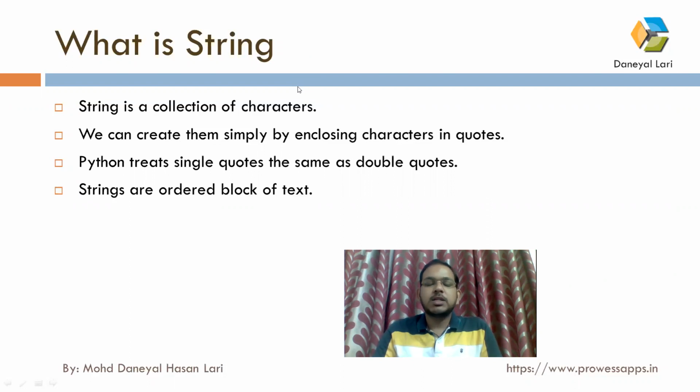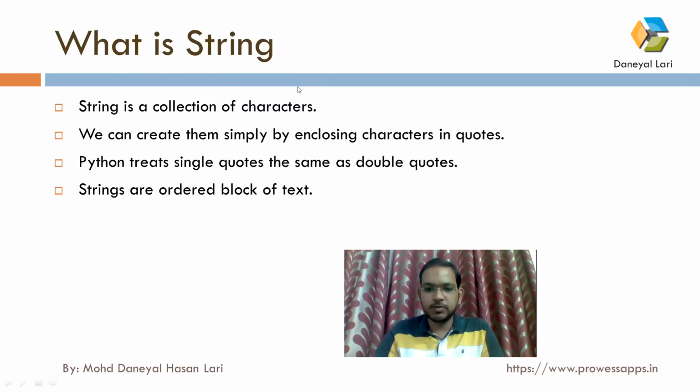And strings are an ordered block of text. This is very important. Whenever you see any statement related to any object that it is an ordered collection of elements, get the point that it means every element will be arranged in some order, on the basis of indexes, means the first value will be at position 0, the second value at position number 1, and so on.